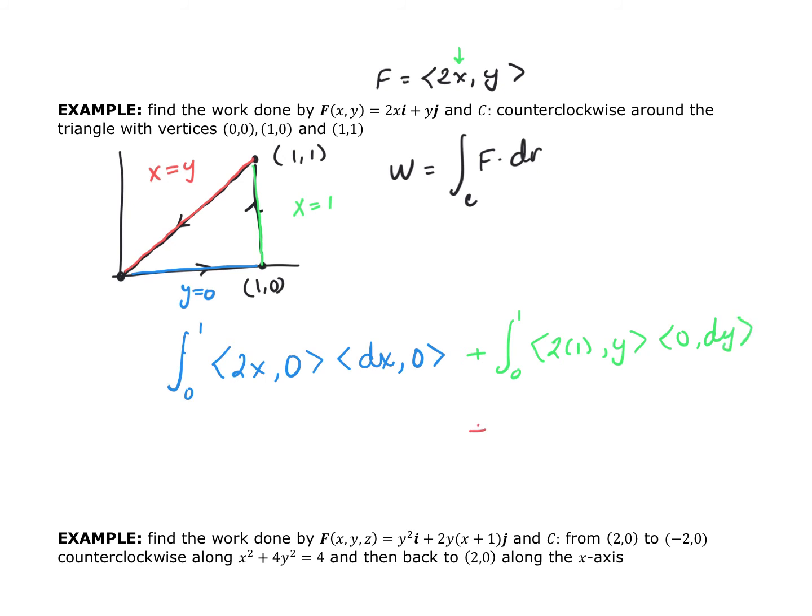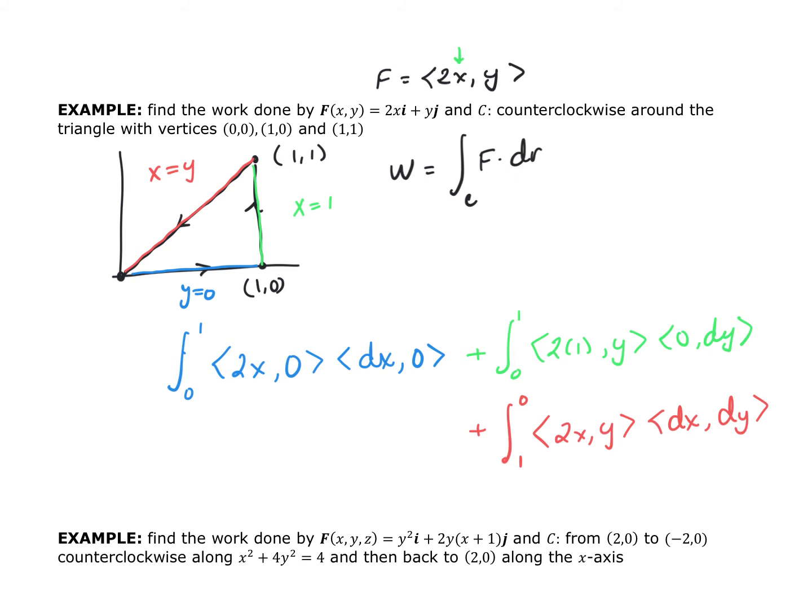And then in my red line, well, my red line is going to go from 1 to 0. So I start at 1 and I go down to 0 of 2xy dx dy.